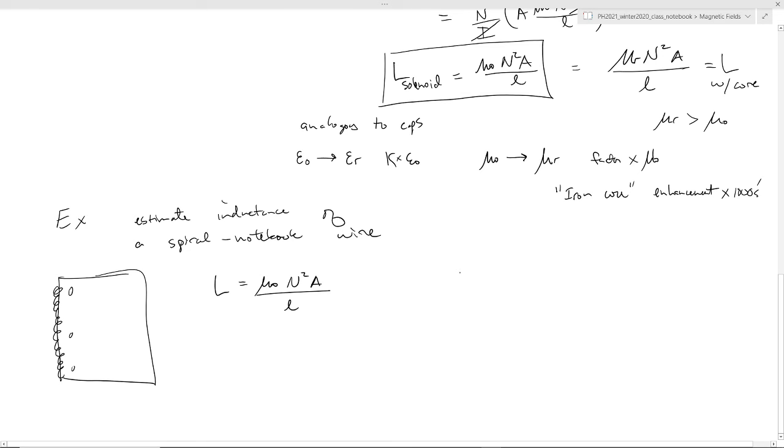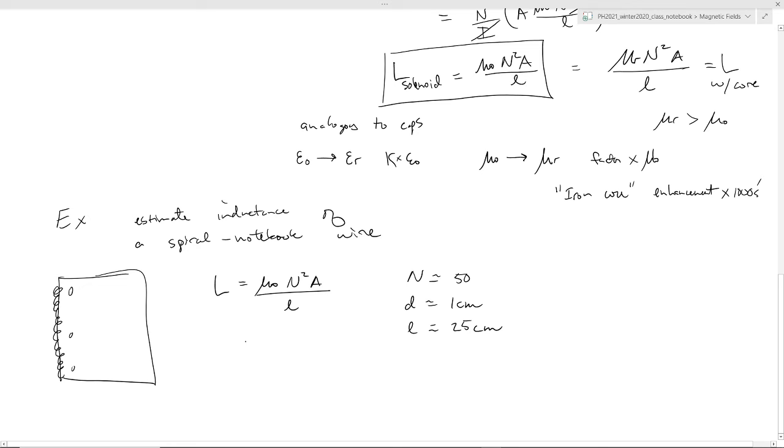So I scrutinized a notebook and it had about 50 coils in it. And the dimensions of those coils: the diameter of the coil is about 1 centimeter, and the length of this thing is about 25 centimeters.